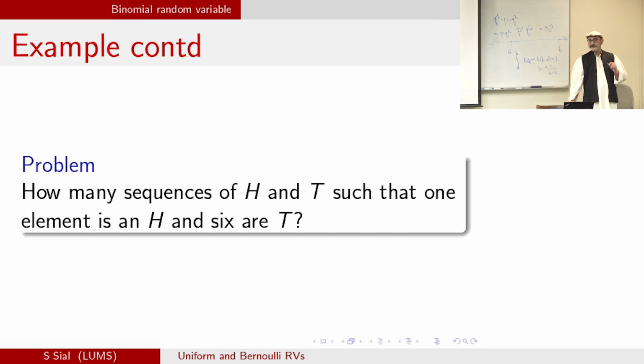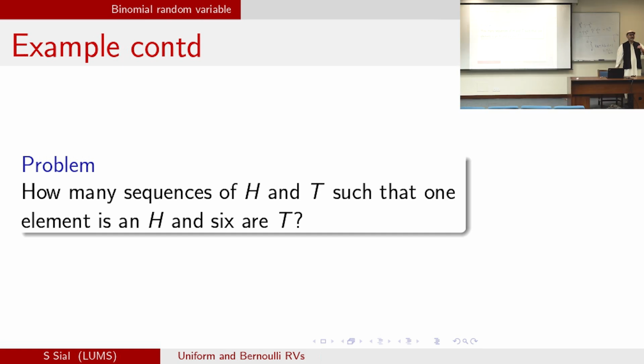Now let me ask you a different question. How many sequences of H's and T's, 2 distinct symbols, are there such that one of the elements is an H and 6 of the symbols are T's? How many sequences? 7. Right, there's 7. One way of thinking about that is there are 7 places to put in an H, and the rest are all automatically T's.